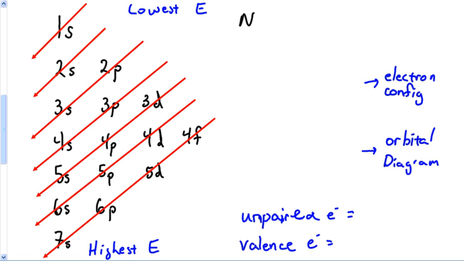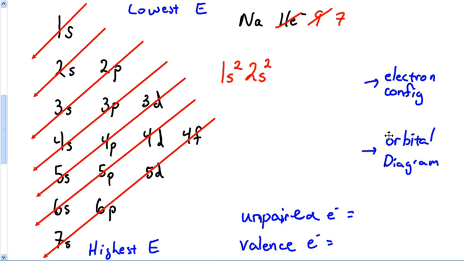If we look at sodium, sodium has 11 electrons, and so we'll start doing our configuration. Start with 1s, the lowest energy level. 1s can hold 2, which leaves you 9. Next is 2s, which can also hold 2, so that leaves us with 7.